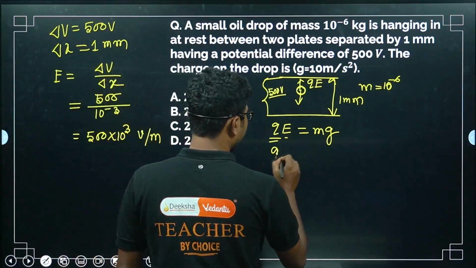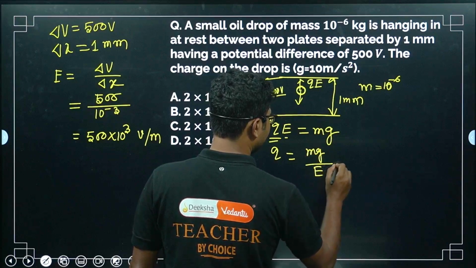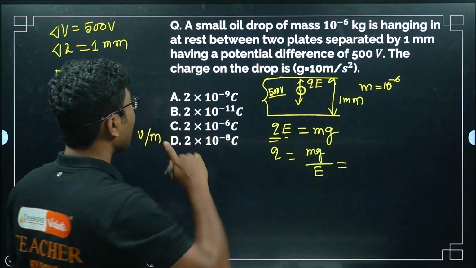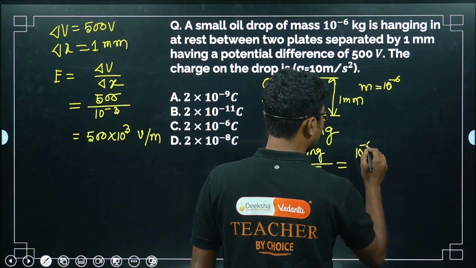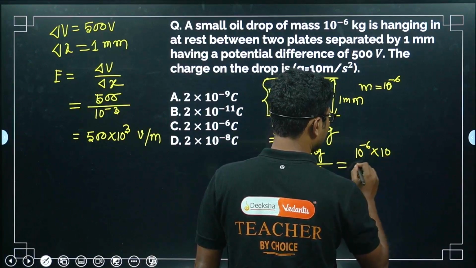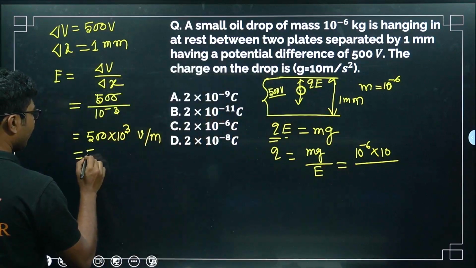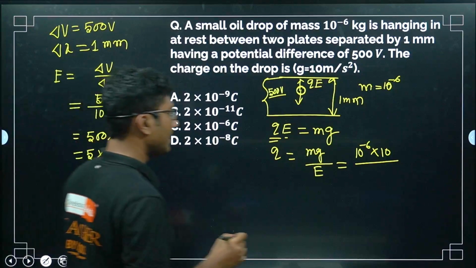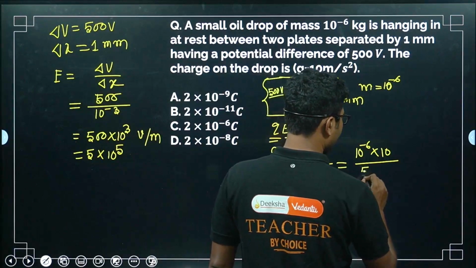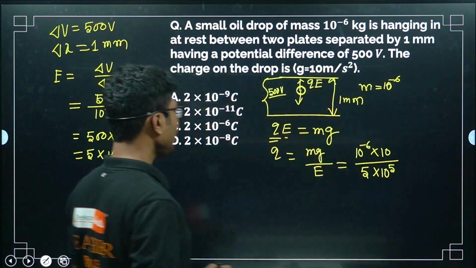So Q will be mg divided by E. What is m here? M here is given as 10 to the power of minus 6. G is 10. Okay, and E, if you write it, will be 5 times 10 to the power of 5, right?